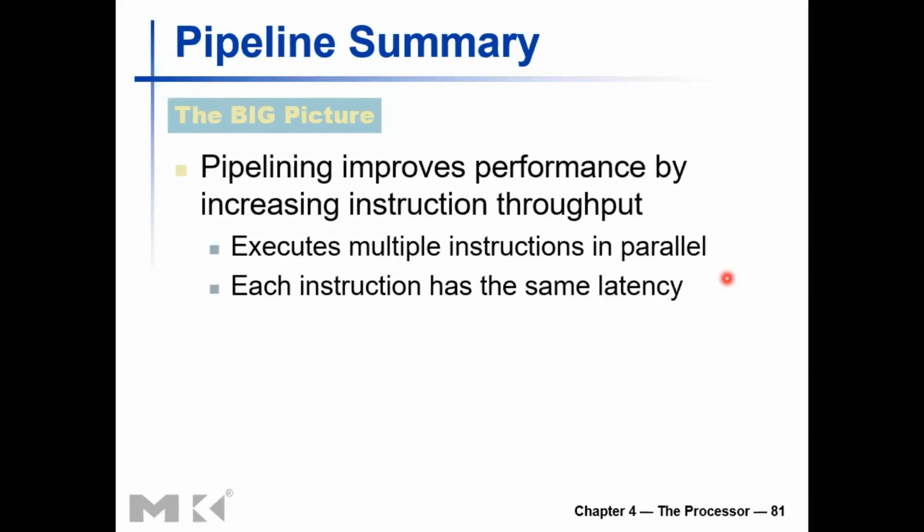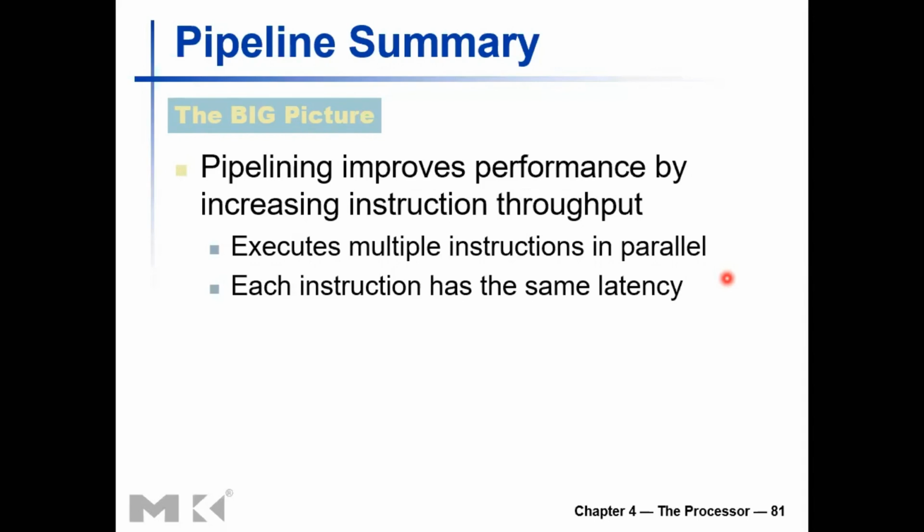Okay, so right, let's summarize what we have discussed about pipelining so far. The concept of pipelining was introduced to improve the performance by increasing the instruction throughput. How many instructions can you complete per unit time, right? Keep in mind that it's different to the latency of the instruction. Latency is the absolute time the instruction consumes inside the CPU. That is not what we are improving by pipelining.